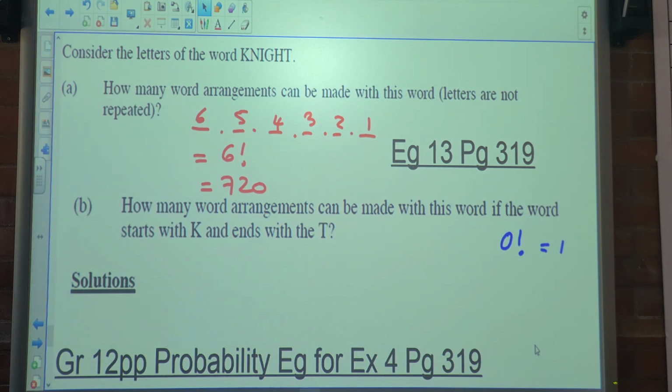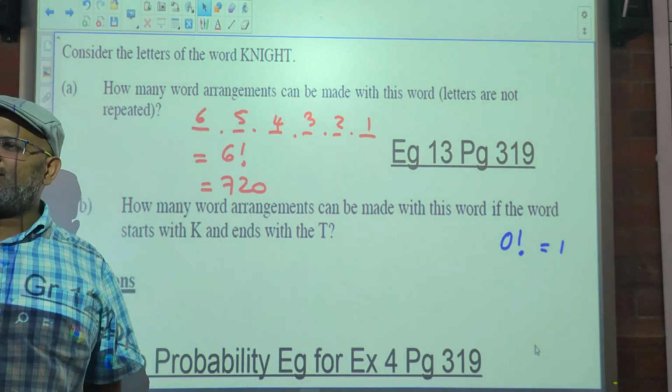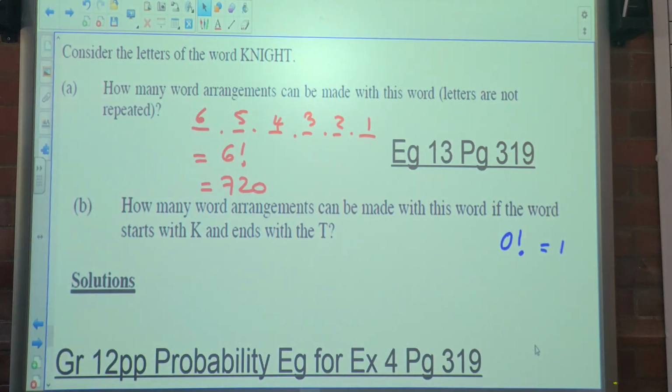So here we are treating the repeated letters as identical letters. As you can see, it's not specified here. So what is the formula when repeated letters are treated as identical letters? N factorial over M1 factorial times M2 factorial times M3 factorial and so on.